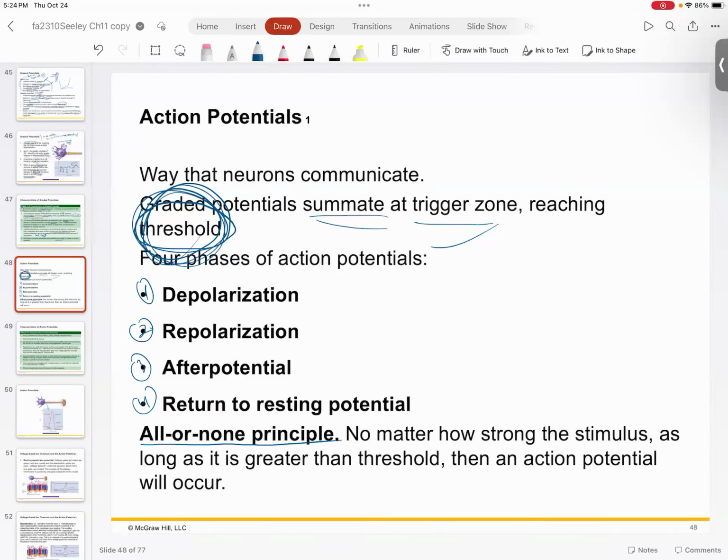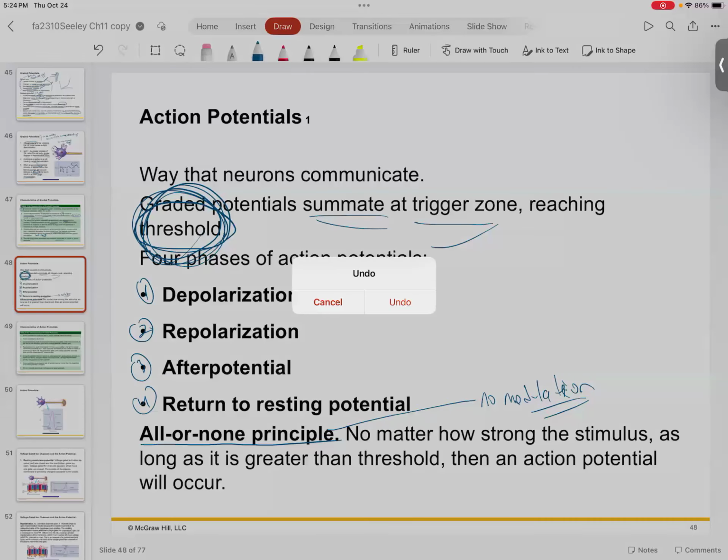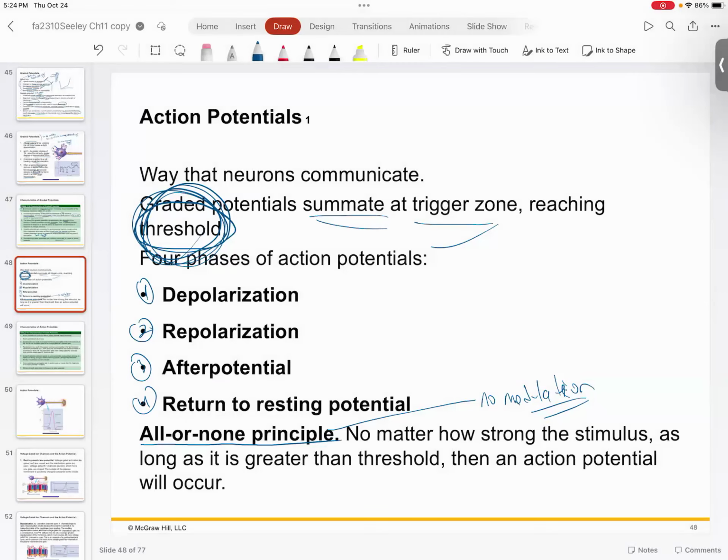So when it's an all or none principle, there's no modulation. Whether you are at threshold or whether you are way over threshold, doesn't matter. As long as you are over threshold or you meet threshold, then you've got an action potential.